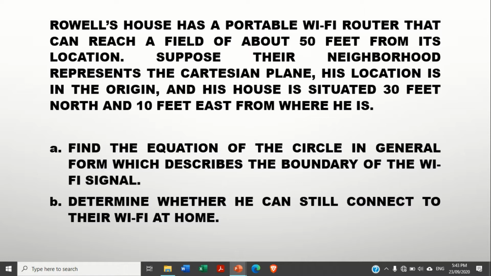His house is situated 30 feet north, meaning if we're talking about a Cartesian plane, that is going up, or the y-axis, and 10 feet east, applying to the Cartesian plane, that is the x-axis. So as an ordered pair, 10 comma 30, because 10 is x and 30 is y, or the h and the k, because that is the center.